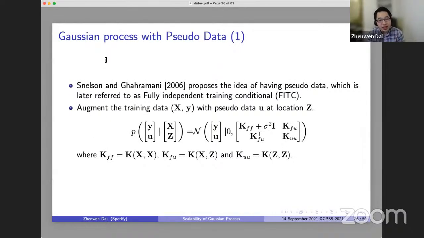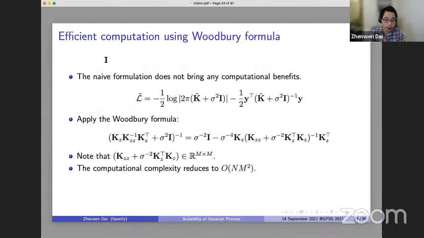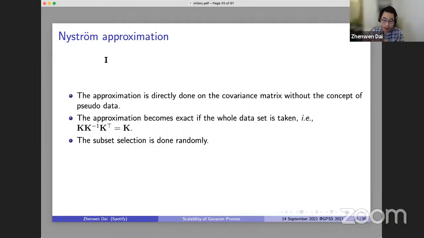One thing you may notice is that the Nyström approximation, although it gives us a computational benefit, we really don't have control over how the low rank is constructed.